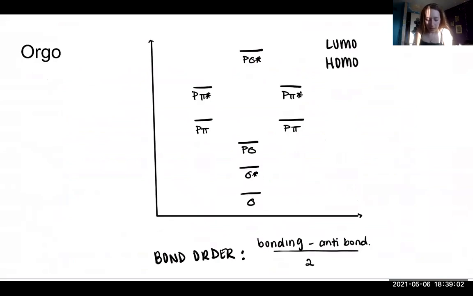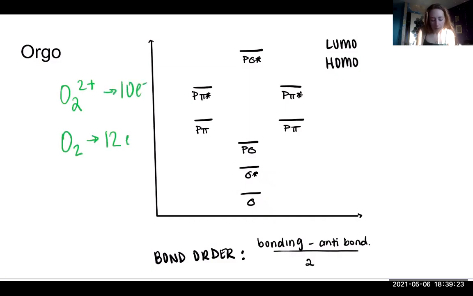So if I choose a molecule, something like this, the first thing you need to do is ask yourself, how many valence electrons are there? In regular O2, there's going to be 12. In O2 2+, there's going to be 10 electrons. And so let's choose this one for our example.